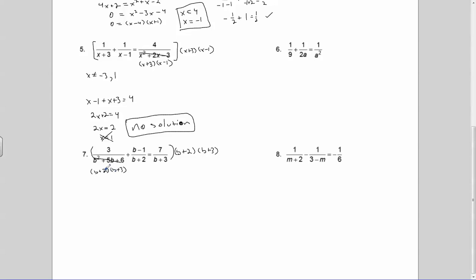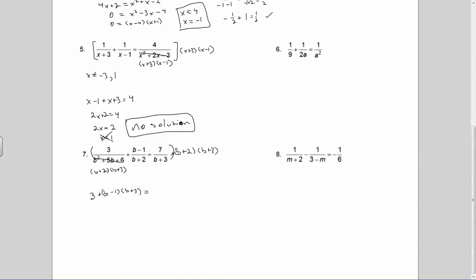So this first fraction, everything will divide out, so we're left with the 3. In the next fraction we have b plus 1. Sorry, that's going to be b minus 1 times b plus 3, because the b plus 2 will cancel out.